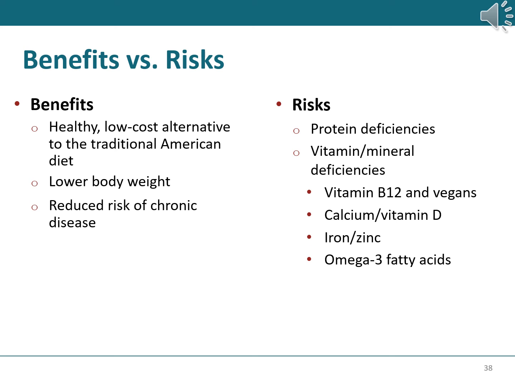Now, some risks, if you're not careful on a vegetarian diet, include increased risk of protein deficiency, vitamin B12 deficiency, especially for vegans, calcium and vitamin D deficiency, deficiencies in iron and zinc, and also an inadequate intake of omega-3 fatty acids.